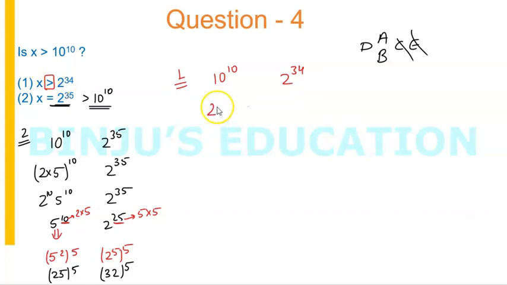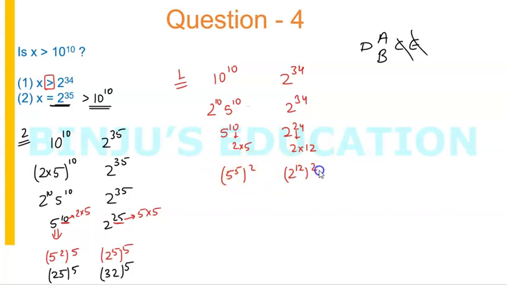So this will become 2 to the power 10 into 5 to the power 10, and this is 2 to the power 34. So this is 5 to the power 10 and this is 2 to the power 24. So 10 is like 2 into 5, and this is 2 into 12. So this is 5 to the power 5 whole square, and this is 2 to the power 12 whole square. So 5, 25, 125, 625, 3125. 5 to the power 5 is 3125 square.